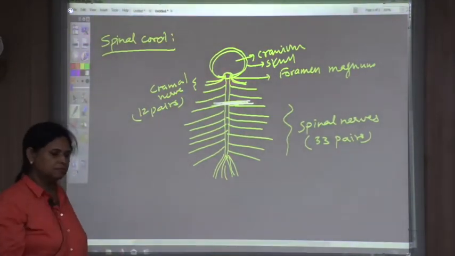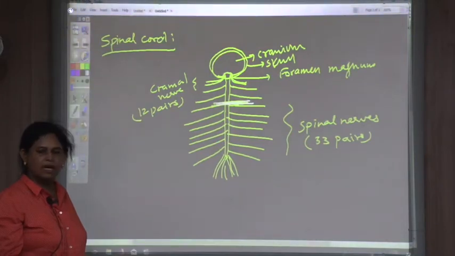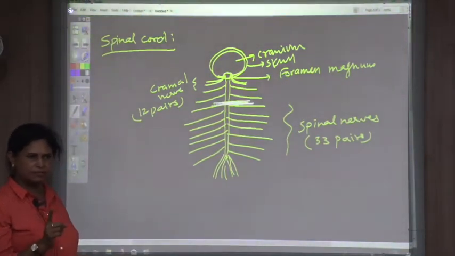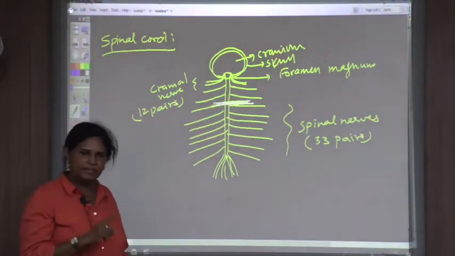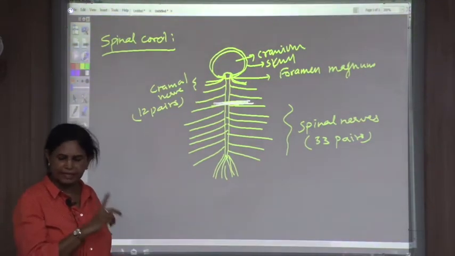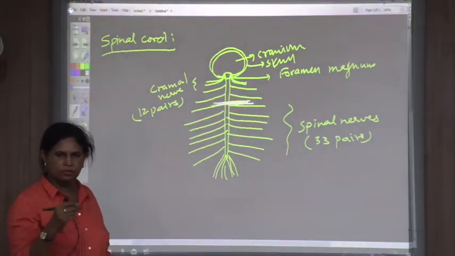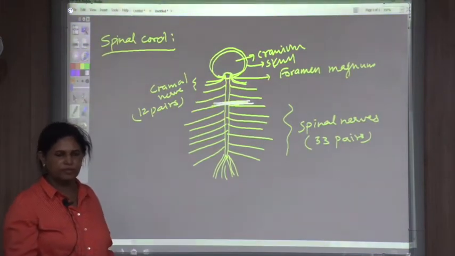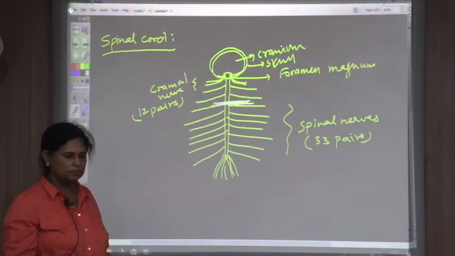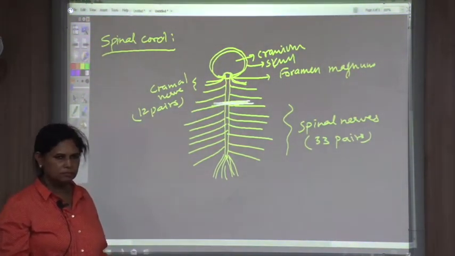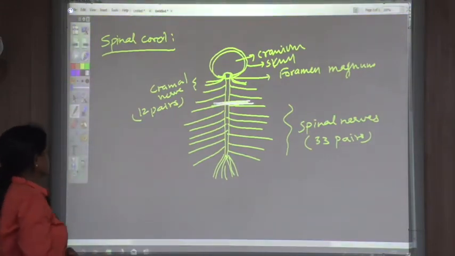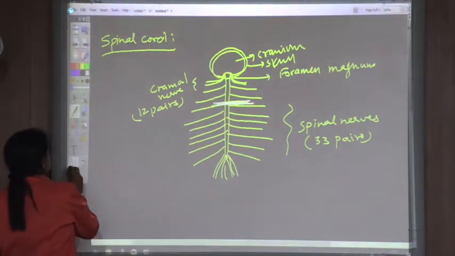So there will be 7 for all the mammals. Then comes out the 12 thoracic. Thoracic means I am talking about the upper back. And then there will be 5 lumbar, they are called from the lower back. And there will be 4 fused into one, they are the sacral.